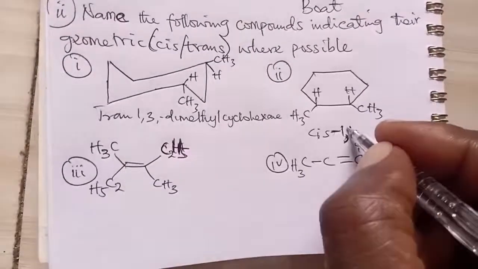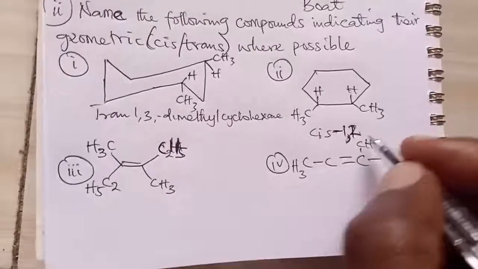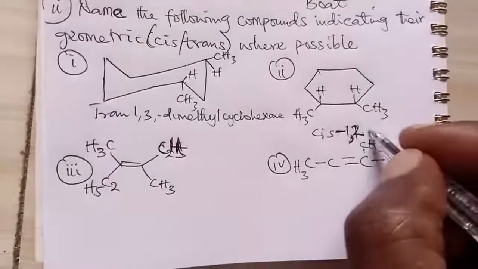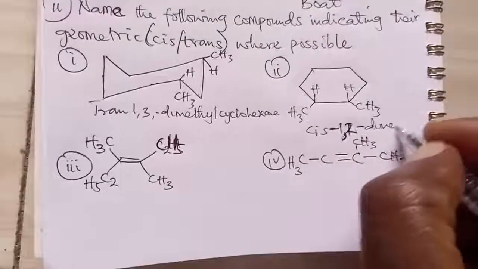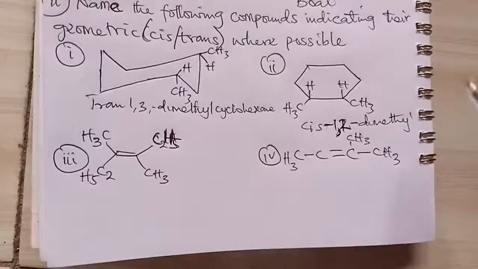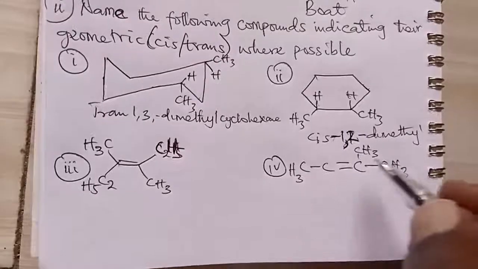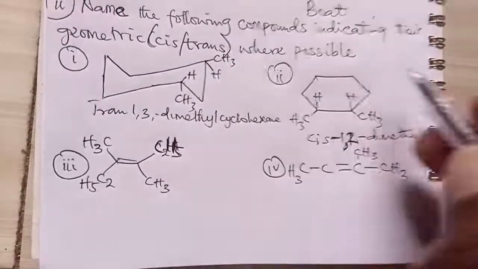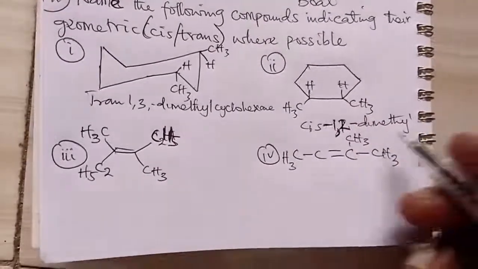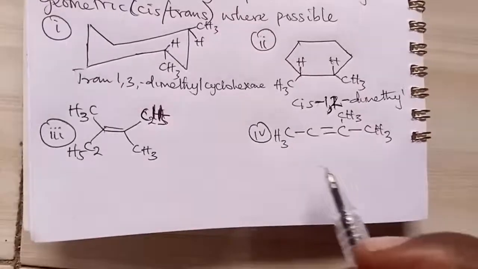So cis 1, 2 dimethyl, that's a hexane, because it's 1 2 3 4. So cyclohexane, dimethyl cyclohexane.